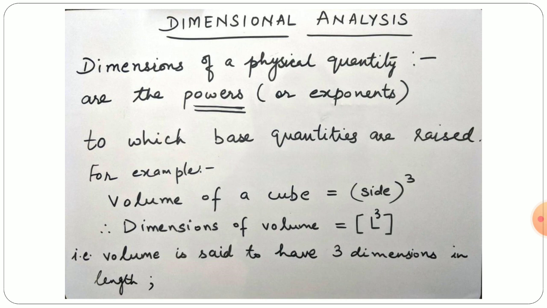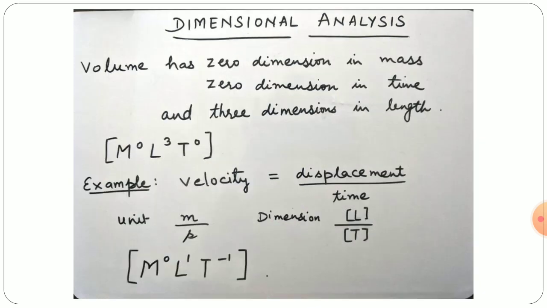But as we can see, there is no mass and time in the formula, therefore we can say that volume has 0 dimensions in mass, 0 dimensions in time, and 3 dimensions in length. The formula for velocity is displacement upon time.